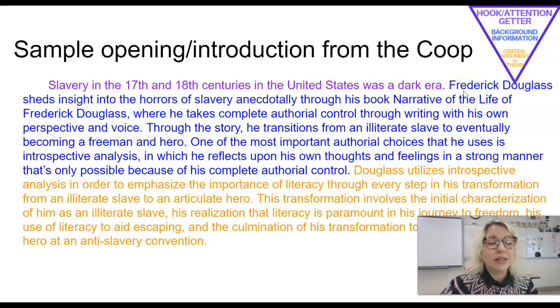Then Frederick Douglass sheds insight into the horrors of slavery anecdotally through his book Narrative of the Life of Frederick Douglass, where he takes complete authorial control through writing his own perspective and voice. Through the story, he transitions from an illiterate slave to eventually becoming a free man and hero. One of the most important authorial choices that he uses is introspective analysis, in which he reflects upon his own thoughts and feelings in a strong manner that's only possible because of his complete authorial control.